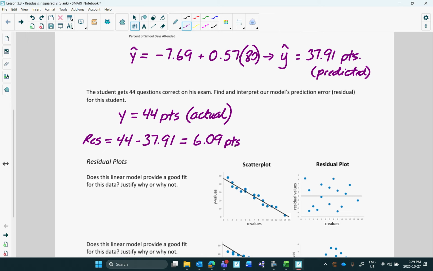So we did this part, but we still got to do this part. How would you interpret it?